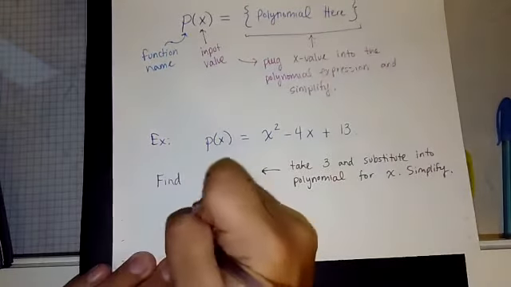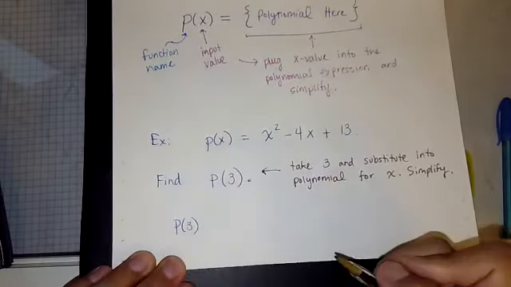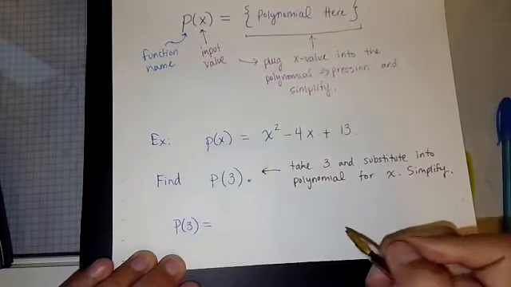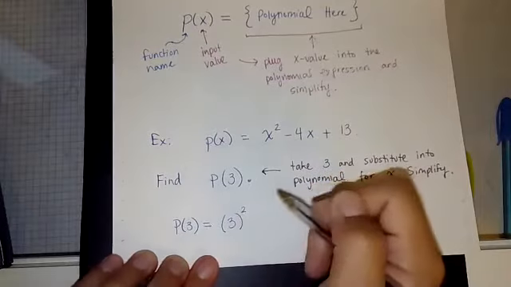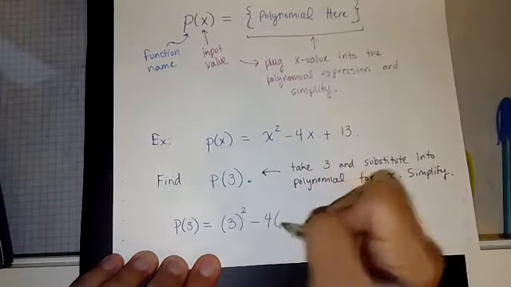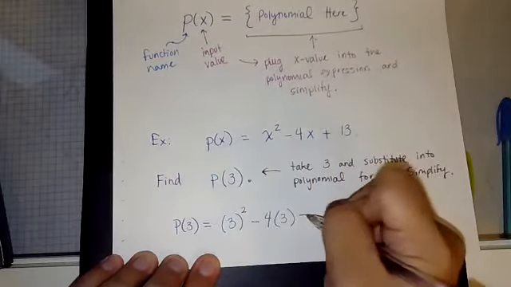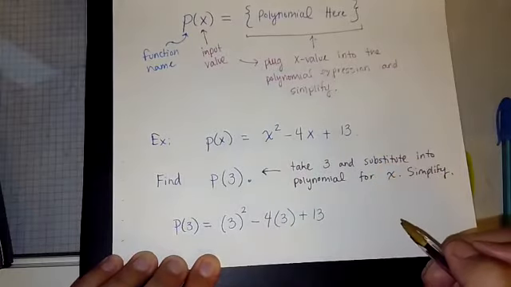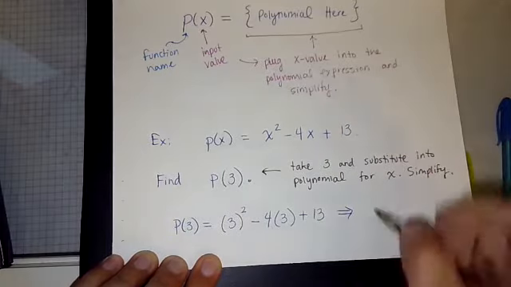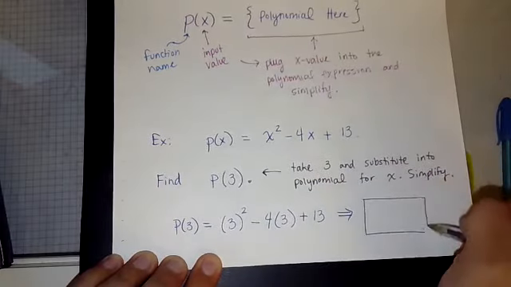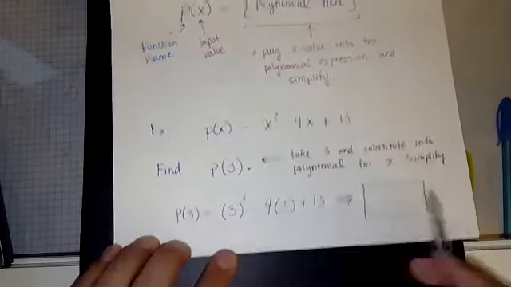So what we could say is that P of 3 is equal to 3 squared minus 4 times 3 plus 13. And then that simplifies down, and you could throw this into the calculator, right?